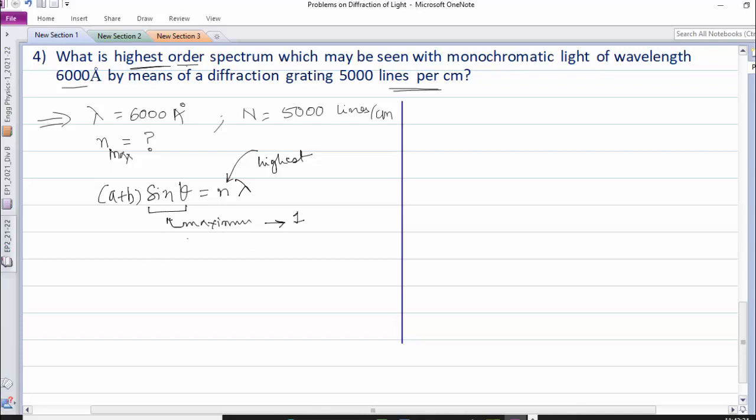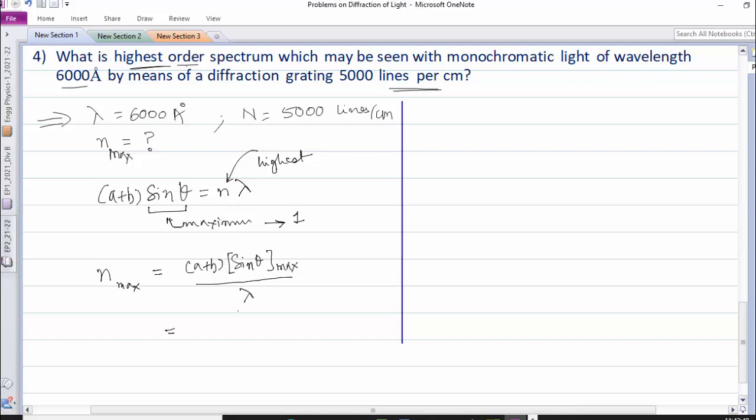Therefore, rearranging this equation, n would be max when (a plus b) into sine theta, that should be the max, divided by the wavelength.